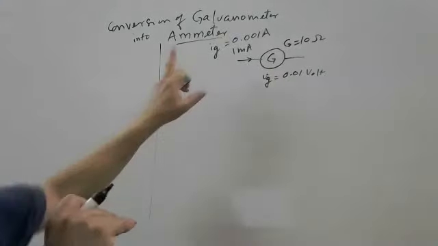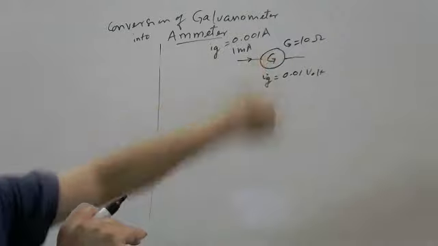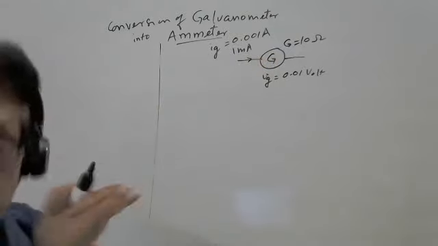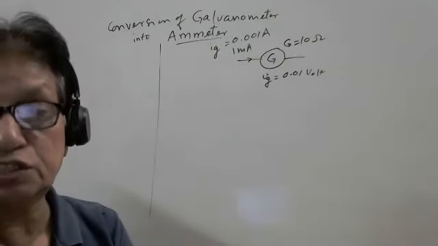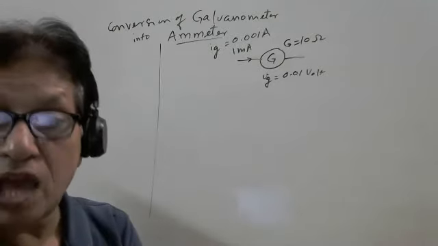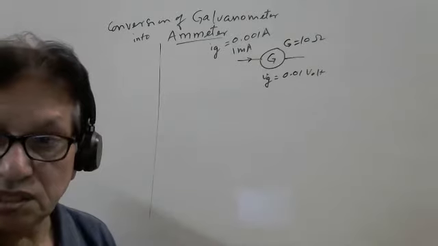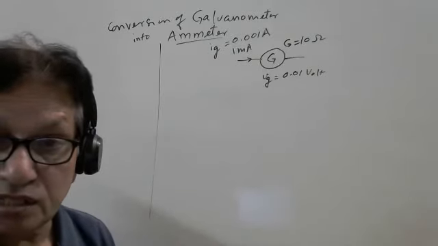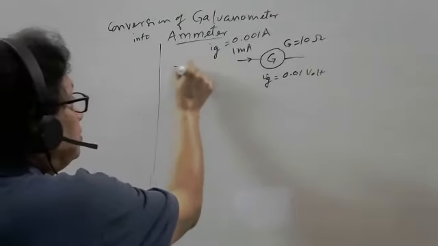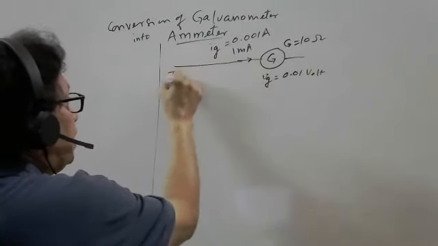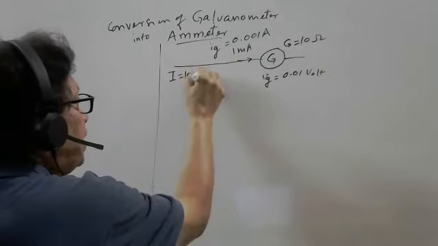Now we are interested to convert this galvanometer, the same galvanometer, into an ammeter of range 0 to 10 ampere. So here, the total current I is now 10 ampere.